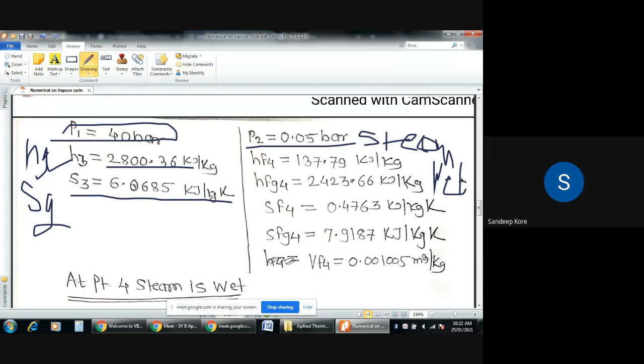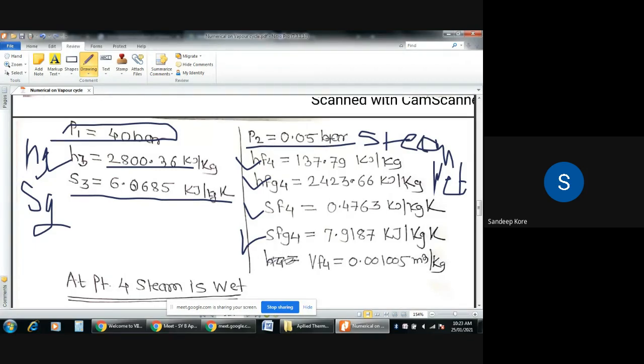In that case, we have to note down the properties like Hf, that is sensible heat, Hfg is latent heat, Sf sensible entropy, and Sfg latent entropy. This is at 0.05 bar.